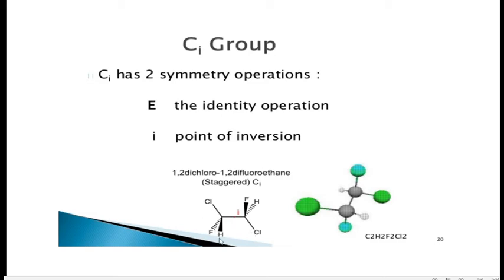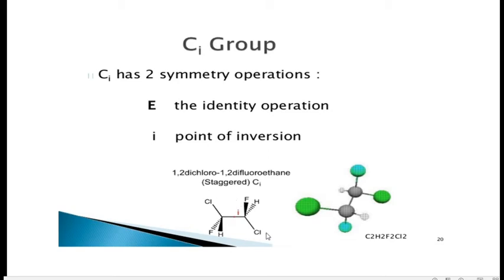If you take the hydrogen atom, connect through the center of the molecule and extend equally in the opposite direction, it meets the other hydrogen atom. Same for fluorine: if you connect through the center point and extend the line equally in the opposite direction, it meets the other fluorine atom.